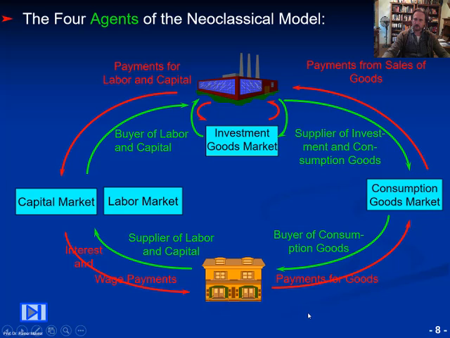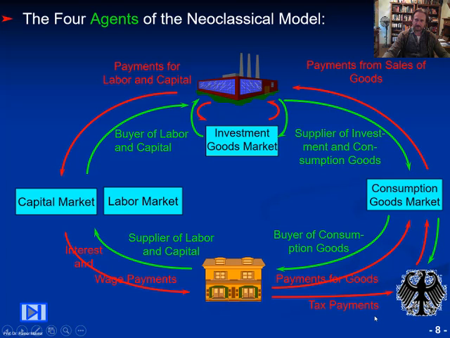Now we have to take care also of the government, which is symbolized here as an eagle. The government buys goods on the goods market and finances these expenditures with money it levies in terms of taxes on households, and if tax income is not large enough to finance all government spending, the government goes to the capital market like the firms and demands a credit there.